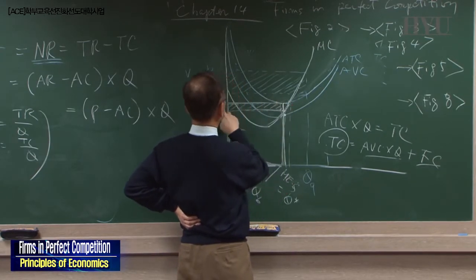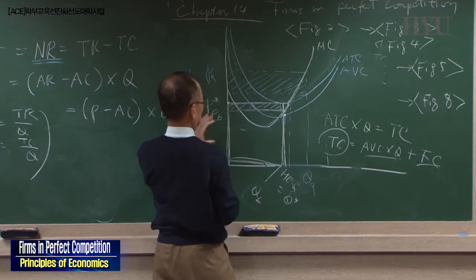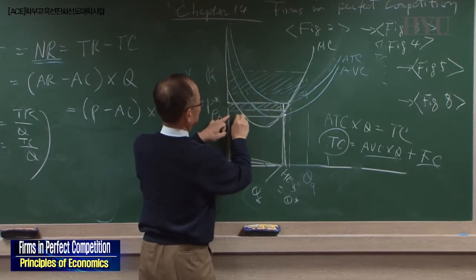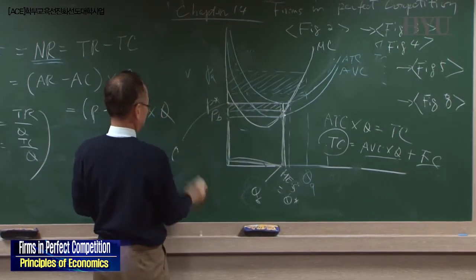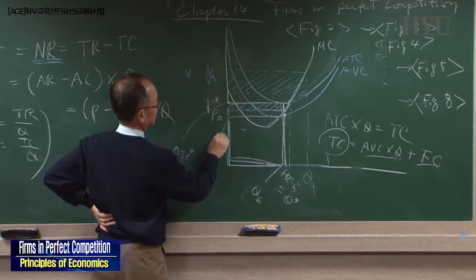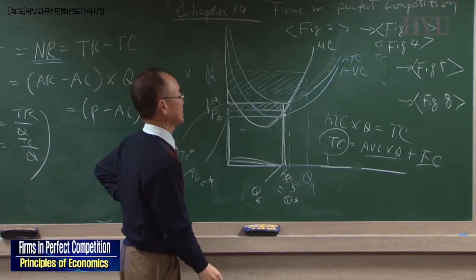At QB, this is P right here, and this point is average total cost. This is ATC star. This represents AVC star.